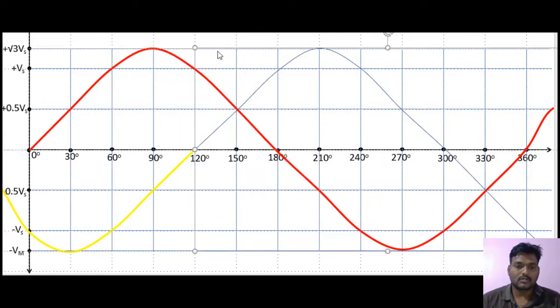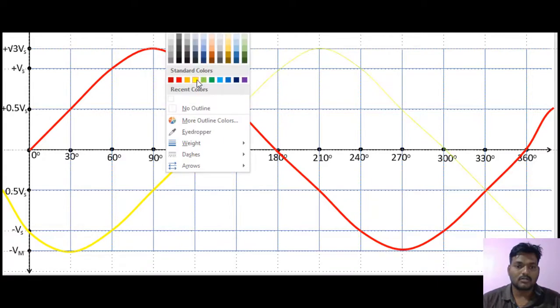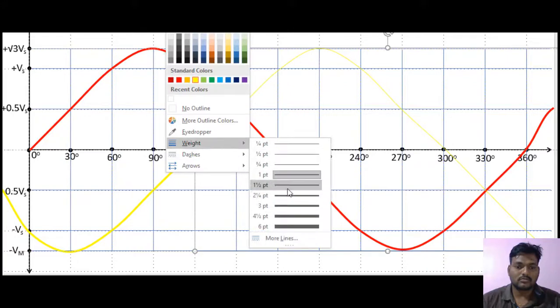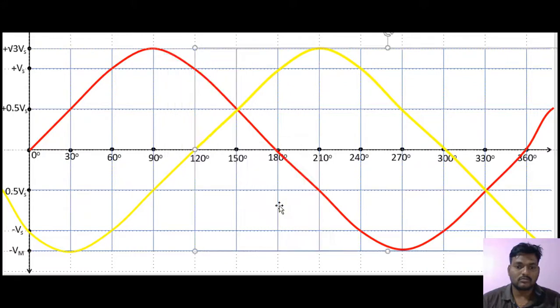See here, this is also... okay. So this is the Y phase. Like this you can make a grid and make any number of graphs. This is I am drawing the voltage waveform. If you want to draw the current waveform, correspondingly the magnitude is adjusted, and however the frequency will remain the same, but there will be a phase lag or phase lead.